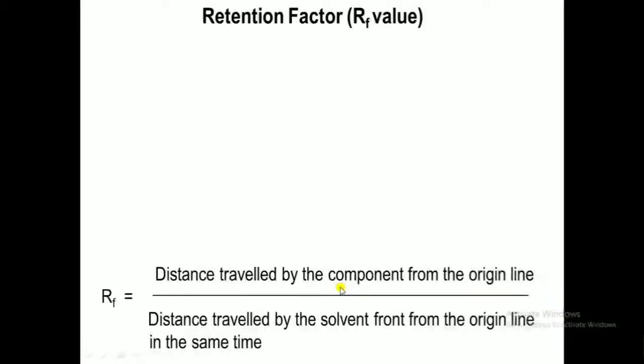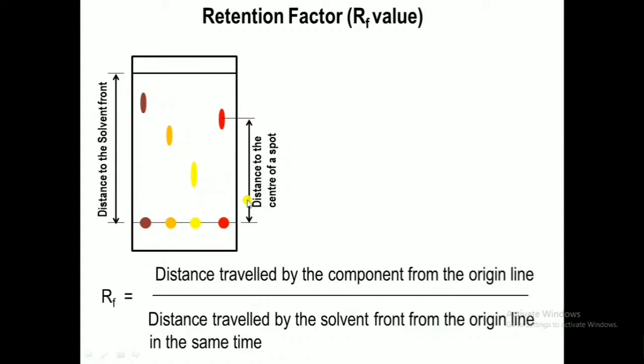So you measure the distance traveled by each component from the reference line and divide that distance by the distance traveled by the solvent front. Always your mobile phase will be at the front, so the maximum distance traveled will be by your mobile phase. So if you divide the distance traveled by your component by the distance traveled by the solvent front, that gives you the retention factor.